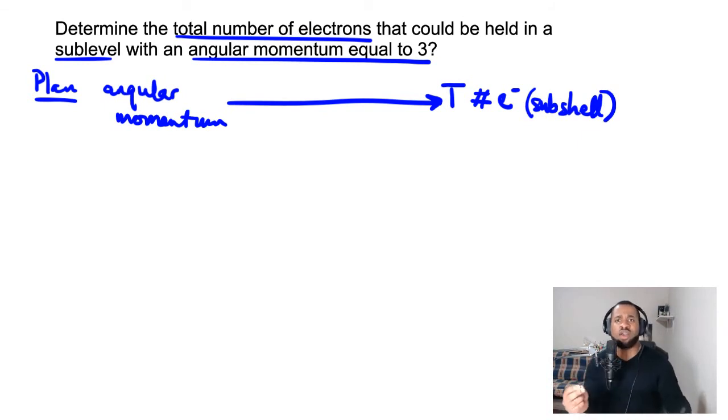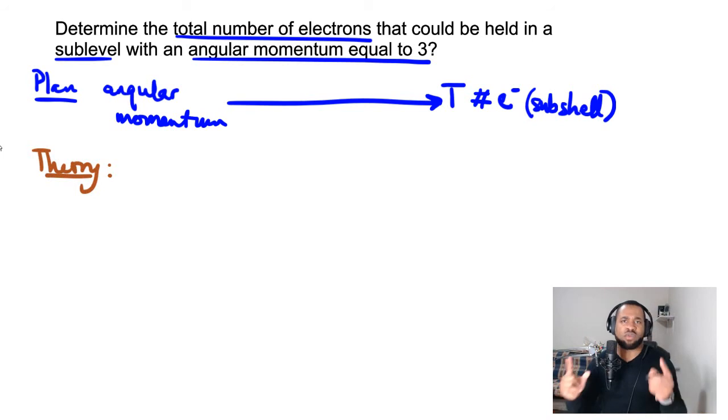So for the subshell, there are a couple of things to keep in mind that are specific to this particular question. For you to go about this, we're going to look at the theory behind all of this.